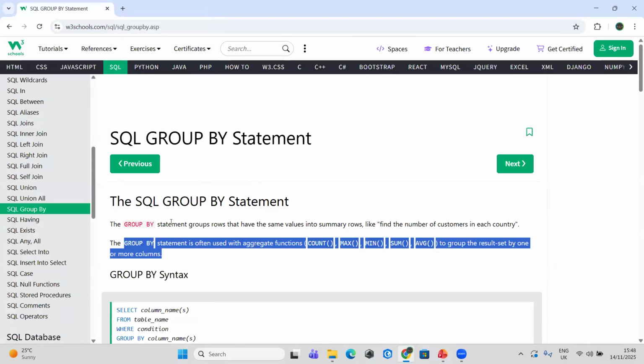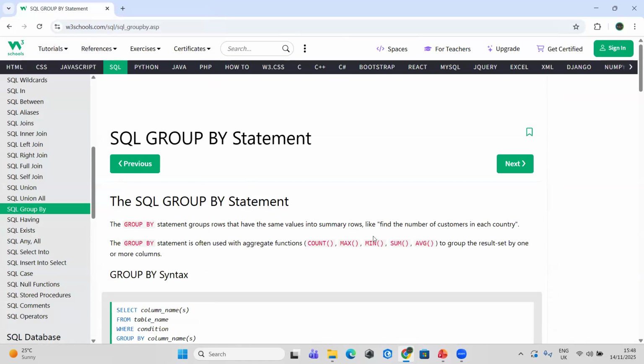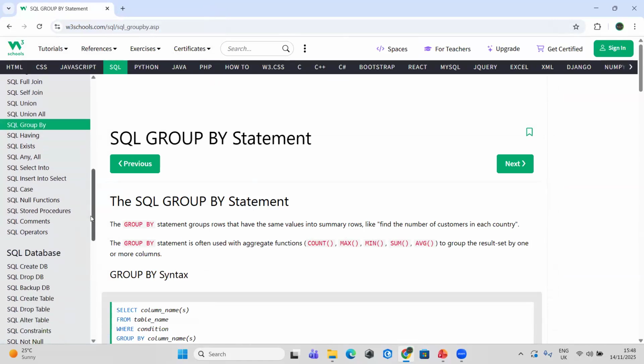But as far as I remember, this group by is used very little. It can be used in special observations, but it's not used so much. So I think we have some, these all are not so important.